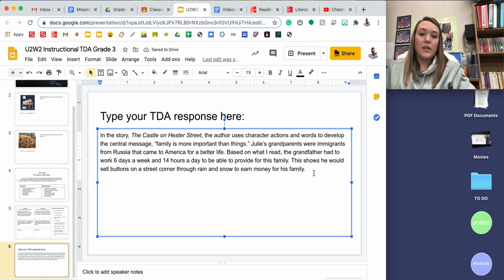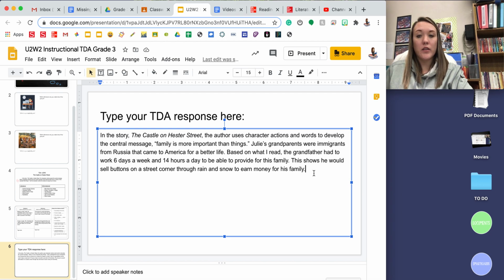Before we stop for today, I want to read through my paragraph to make sure it's making sense so far. In the story, The Castle on Hester Street, the author uses character actions and words to develop the central message, family is more important than things.